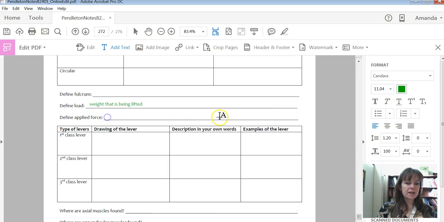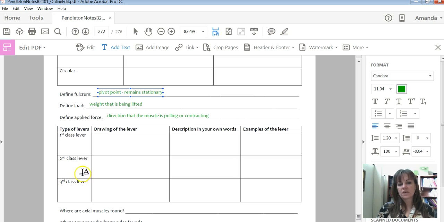Now the applied force is the direction that the muscle is pulling or contracting. Okay, and so that's what the applied force is. Now the fulcrum is what I like to call the pivot point, and it remains stationary. Okay. And so this is going to be important as well.